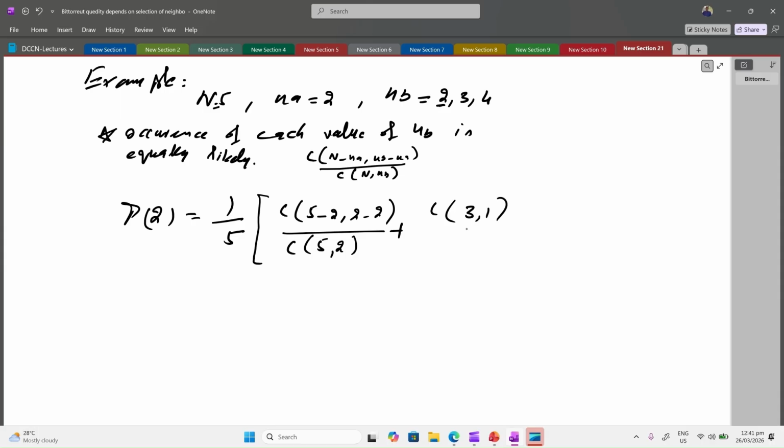I'm just putting the values straight away. I'm not simplifying, this same value will come. Please check that these same values come, yes?